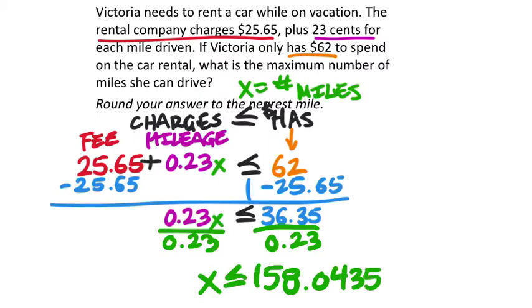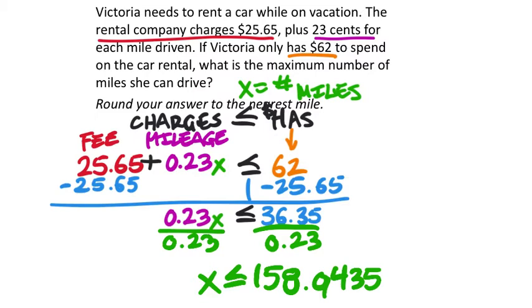It did say to round to the nearest mile, and some of you say, well, you're going to round down. Well, look, if this was a 9 right here, what would the answer be? It'd still be 158. Because the moment that she goes more than 158 miles, no matter what that decimal is, the company's going to charge you for that extra mile.